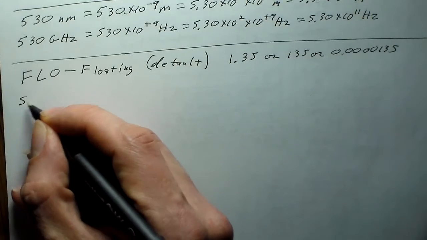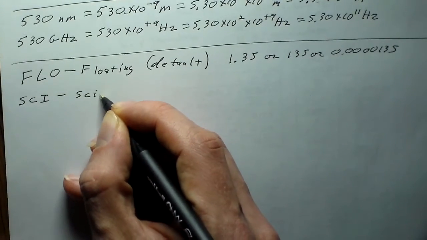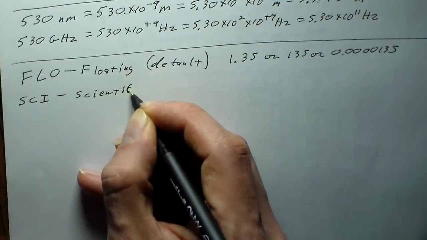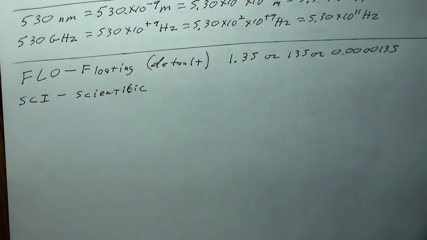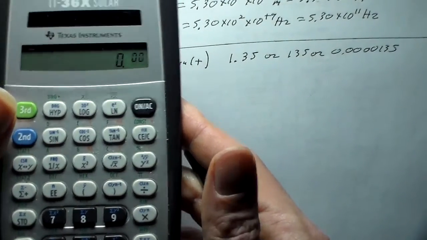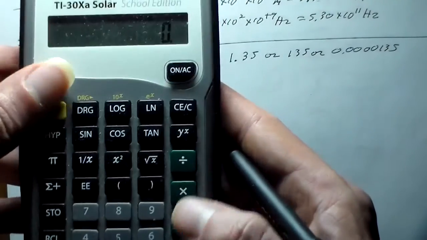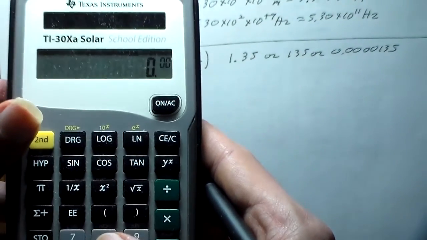All right, the next mode is the scientific, SCI, so this is going to be your scientific. And that can be easily reached on your calculator just by pressing third, scientific, and automatically it pops up. Or, even on this one here, you just go third, scientific, and it pops up.